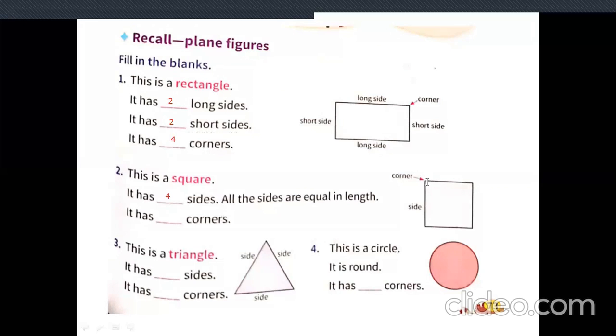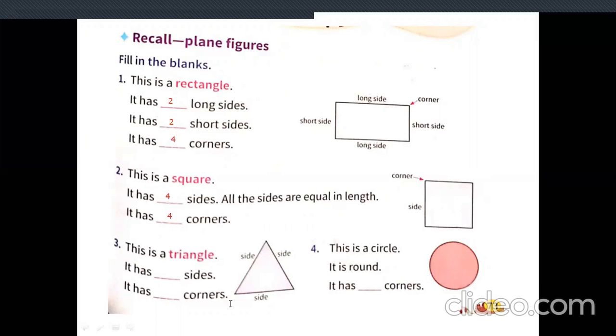How many corners are there? 1, 2, 3, 4. It has 4 corners where the 2 lines meet. So a square has 4 sides, all the sides are equal, and it has 4 corners.